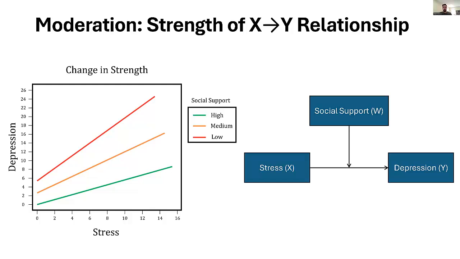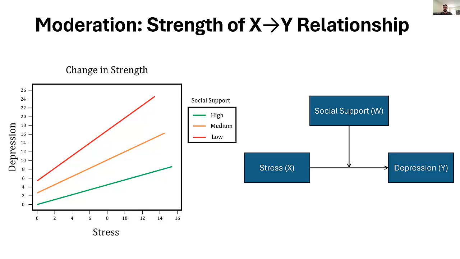Moderation can get pretty complicated to think through, so we definitely want to have this visual to help folks, including ourselves, understand what we're finding and what we're talking about. When we have moderation of the strength of a relationship, the interaction plot will look something like this, where the slopes will vary in their steepness, but they all go in the same direction.